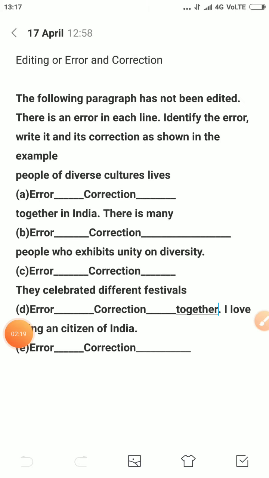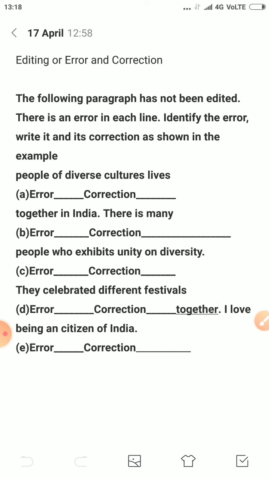You have to understand what the sentence is telling, whether it's present tense, past tense or future tense, what the verbs are, what the suitable words are, what the helping words are, and what the main verbs are which can make the sentence error free or flawless.